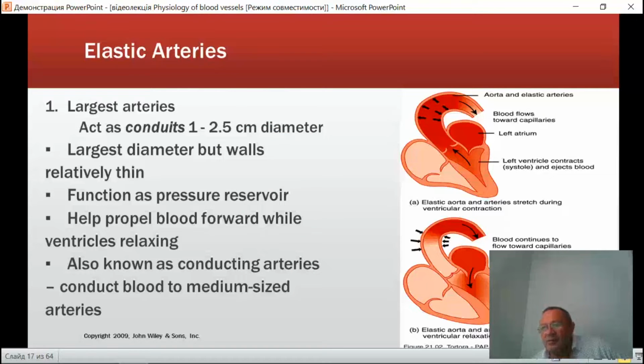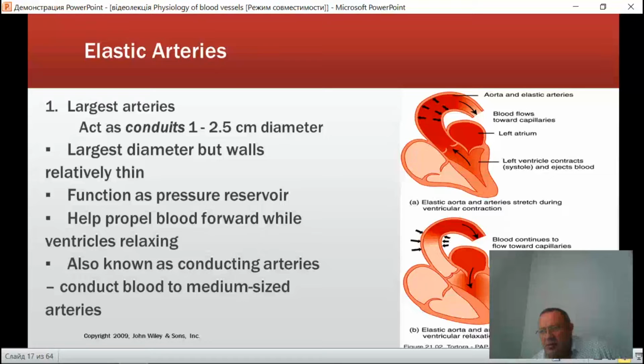Elastic arteries are the largest arteries and act as conductors, from 1 to 2.5 centimeters in diameter, the largest diameter but with relatively thin walls. They function as a pressure reservoir, helping propel blood forward while the ventricles are relaxing, and are also known as conducting arteries.